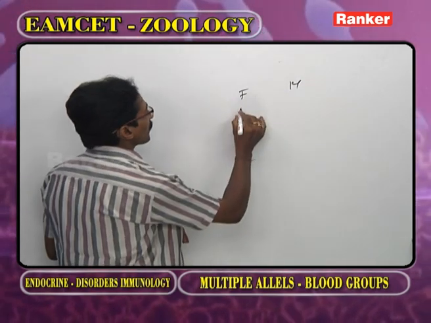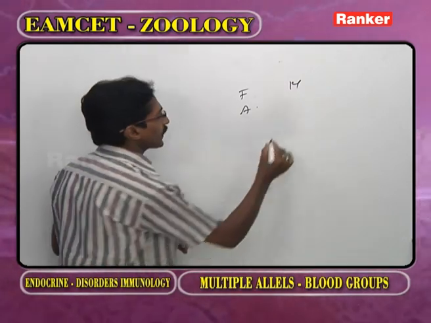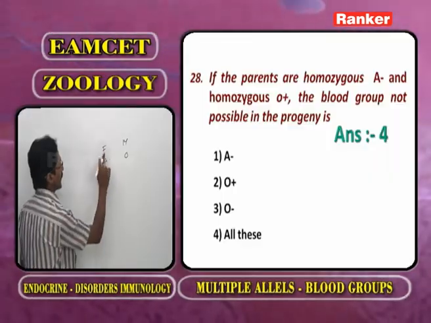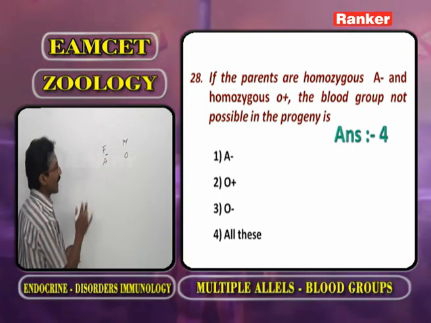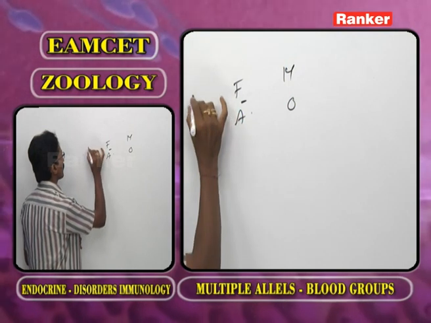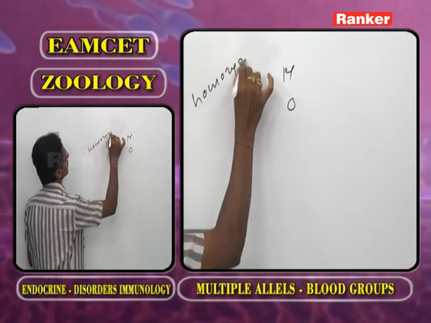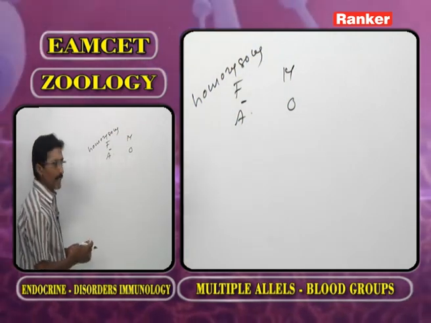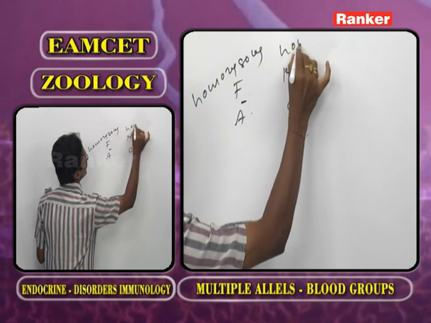Now the father's blood group is A and the mother's blood group is O. Here father is A negative, that means no Rh antigen. But what are they asking? Homozygous. And the mother's blood group is O positive, homozygous.